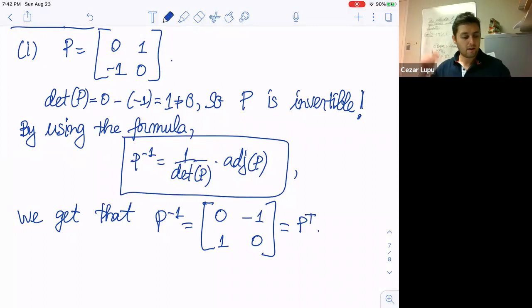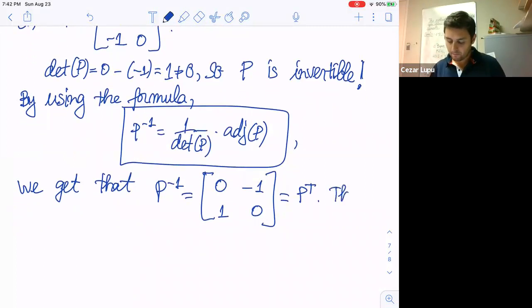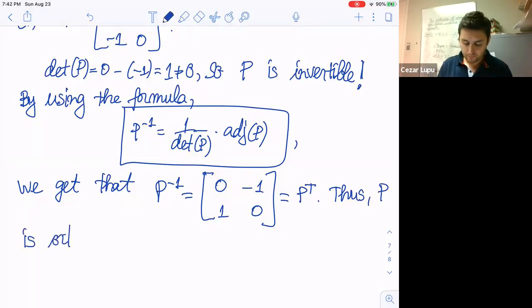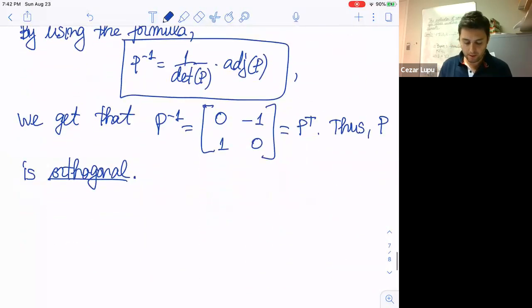So it follows that P is orthogonal. Now let me give you another example of an orthogonal matrix, and this time let's take a 3 by 3 matrix.